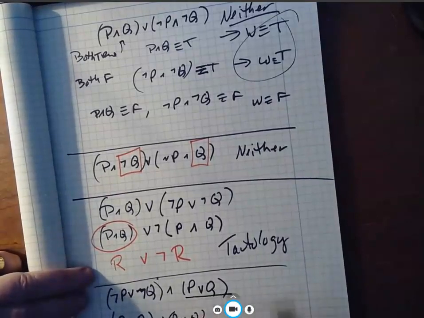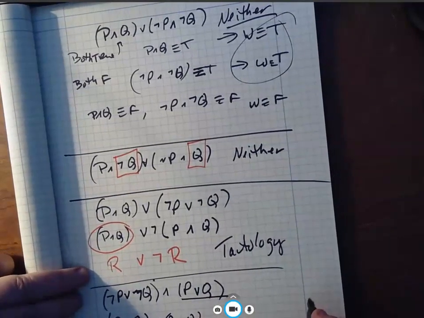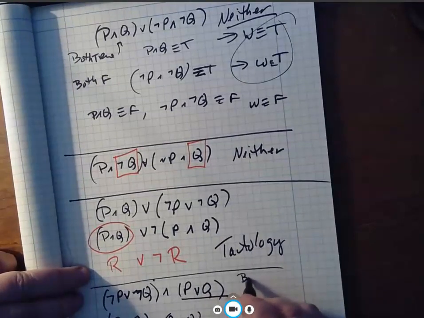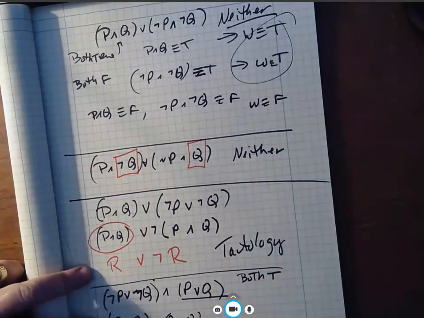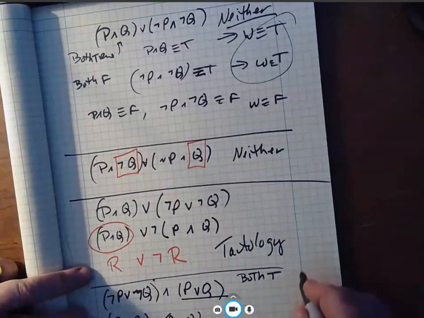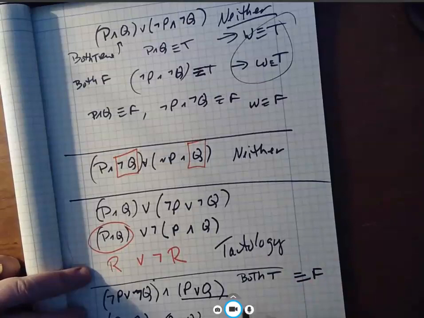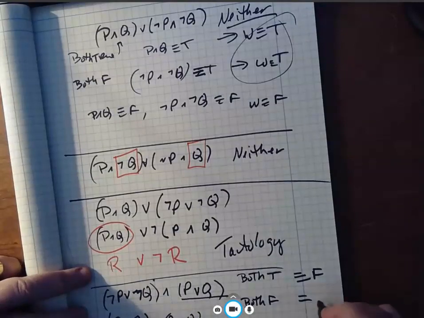So if one of these is true, the whole thing is true. So let's say they are both true. So true here, and this is true, that's a false. So that means we have a false. If they're both false, that means I have a false here and an and, so the whole thing is false.